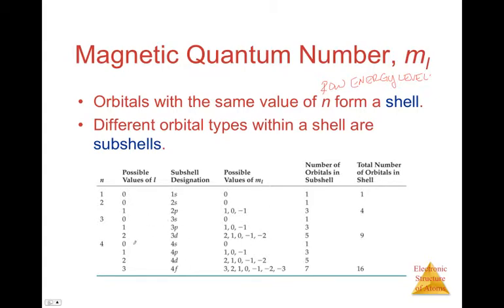So you can see that if we're in 4, okay, so the first quantum number is a 4, and let's say that you are in the F block, that means the second quantum number is a 3, because the azimuthal quantum number for F is 3, and your possibilities go from negative 3 to positive 3.